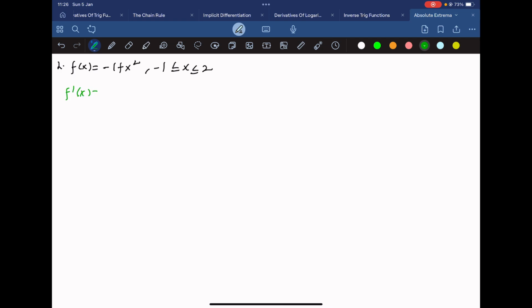So f prime of x, if we differentiate this, we have 2x. There is no x value that will make this undefined. Whenever you put in an x value, you get a result, right? So the next thing to do is to set f prime of x equal to 0, which implies 2x is equal to 0, which implies x is equal to 0.